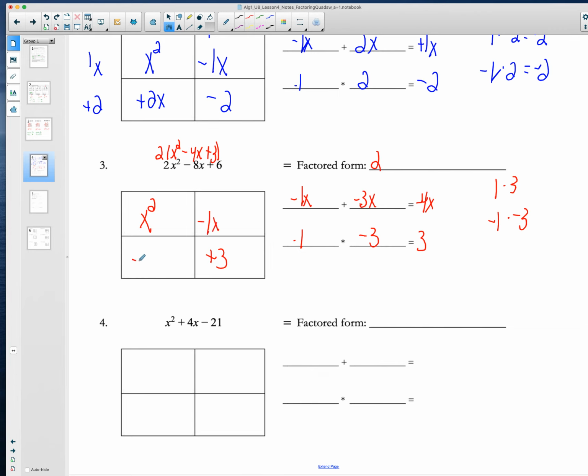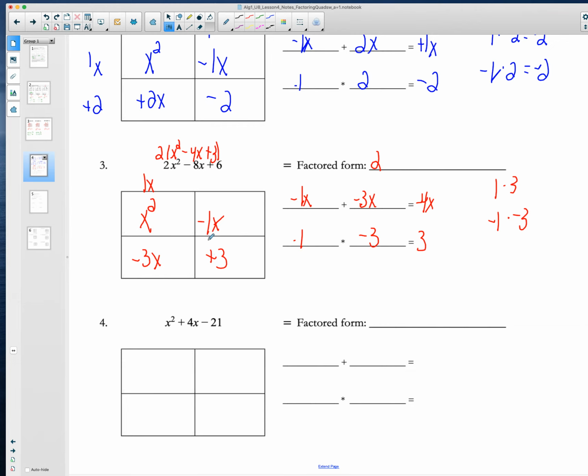Now this one's a little trickier because anytime both of these terms are negative, I'm going to have to factor out a negative in just a moment. I'll show you with the GCF. If I look at my first column, my GCF is just 1x. Like I said earlier, when they're both negative, I always factor out the negative.